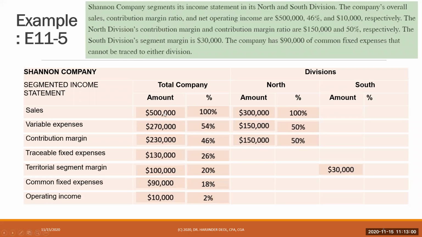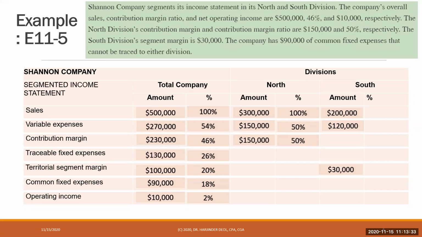Okay, so if total sales were 500,000 and the North Division has $300,000 in sales, then 5 minus 3, 200,000 must be the sales amount for the South Division. Similarly, if the total variable costs for the company are 270,000, and of that 150,000 were incurred in the North Division, then 270 minus the 150, 120,000 is the variable cost for the South Division.